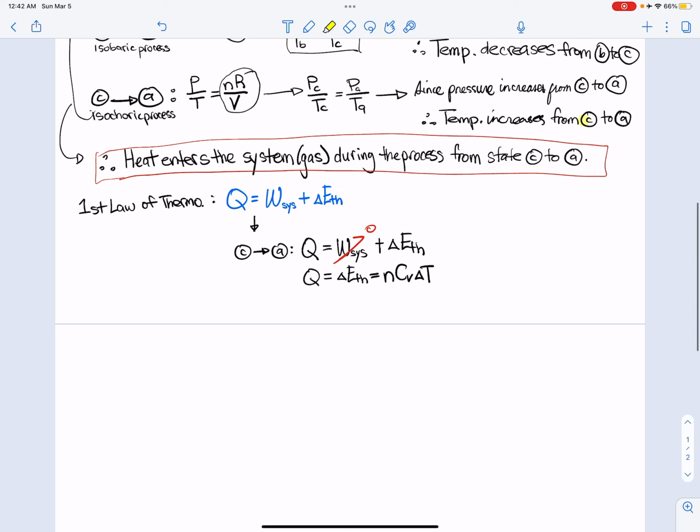Anyways, since we're dealing with a diatomic gas, I don't know what the value is for C_V, but I know that for a diatomic gas, and this comes from chapter 18, section 4, which is heat capacities.